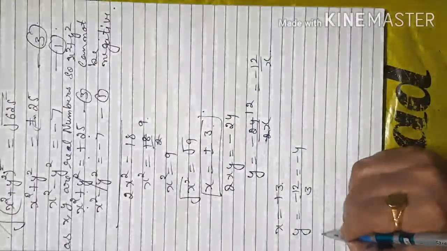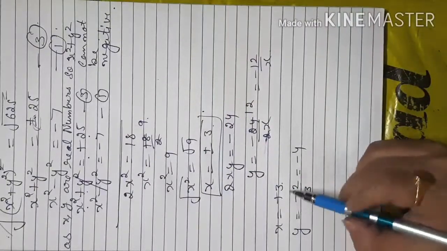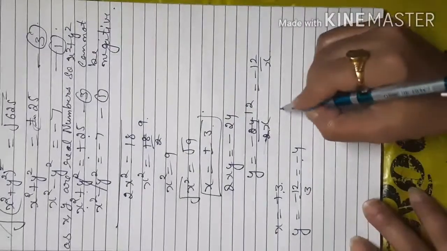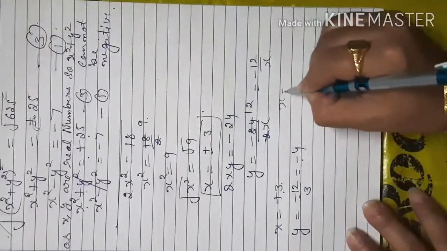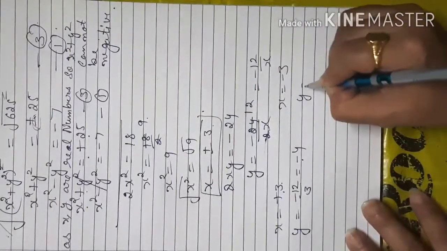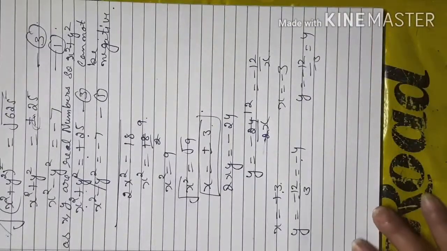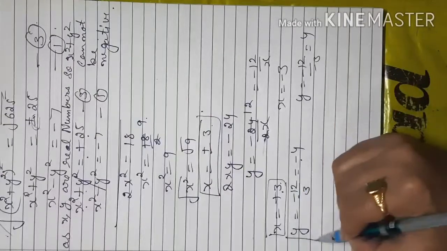So my first complex number is 3 minus 4i. And if x is equal to minus 3, y is equal to minus 12 by minus 3, which is positive 4. So these are the two values of x and y.